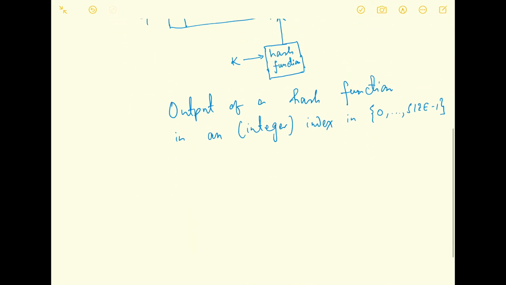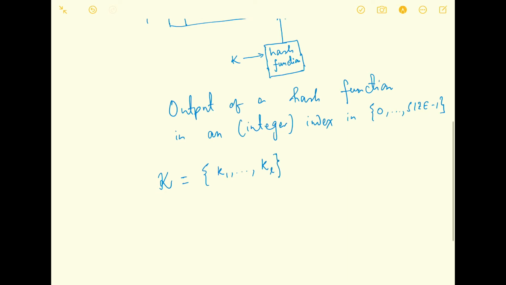In an ideal world, suppose I have a set of keys that I want to store, K1 to KL, and for the time being, let's assume that the hash function H maps these keys to different indices, that is, H(K1), H(K2), ..., H(KL) are all distinct.